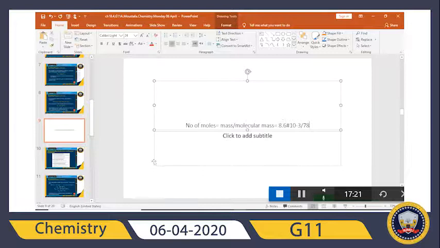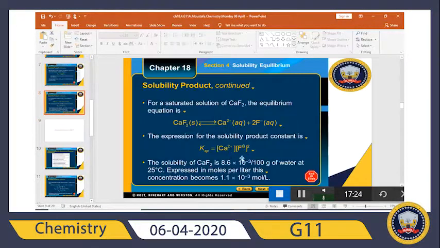This is the first part of this equation.